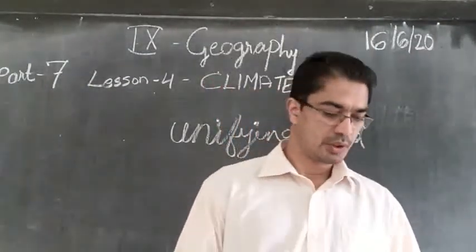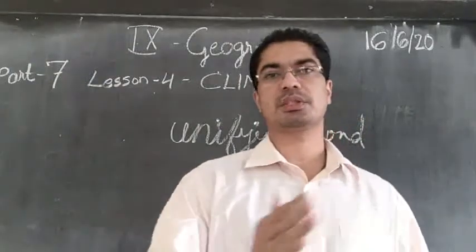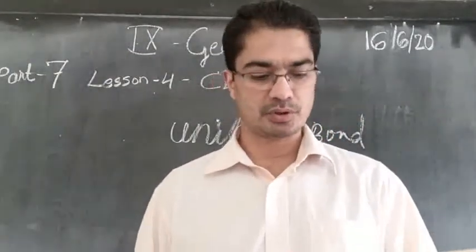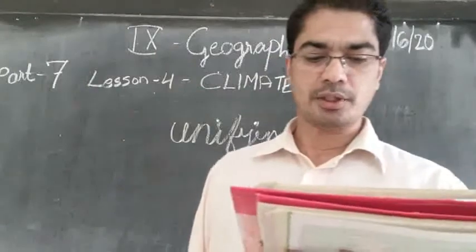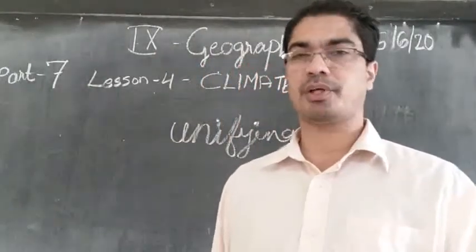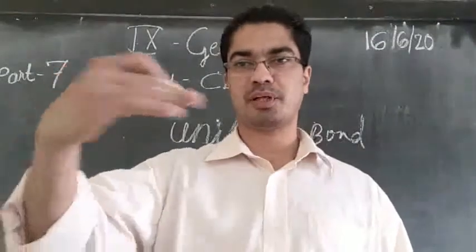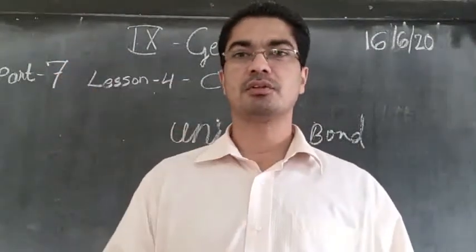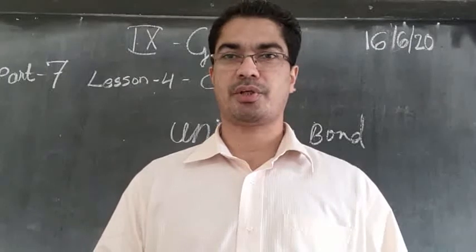But if you go to the peninsular plateau, towards the southern side of India, what happens? Under the influence of the sea from three sides it has moderate temperatures, because it is surrounded by sea.